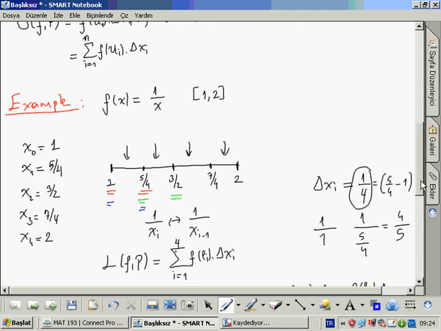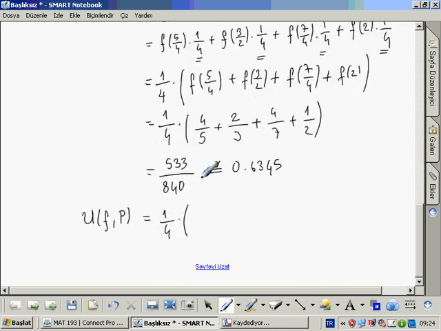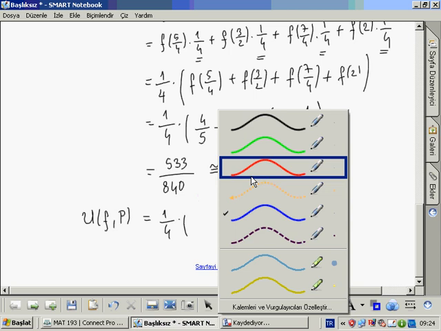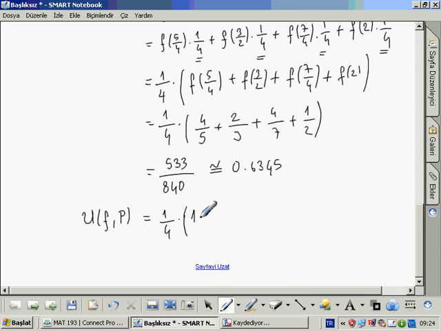So we must write the left ones. So it will be 1 plus 4 over 5. I'm sorry, let's change the pen color. 1 plus 4 over 5 plus 2 over 3 plus 4 over 7, right?